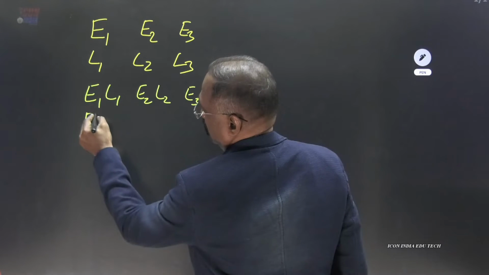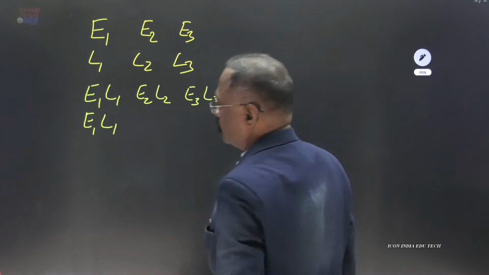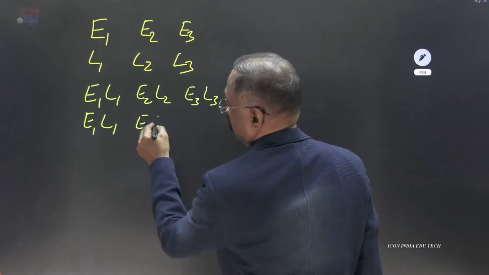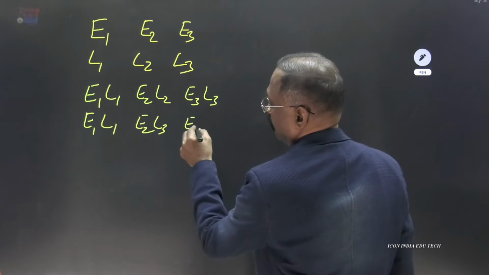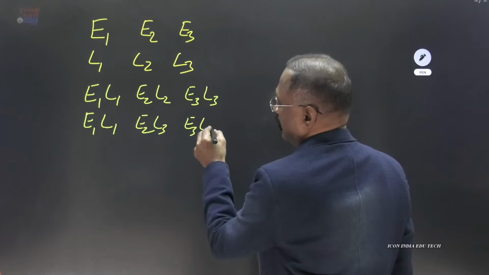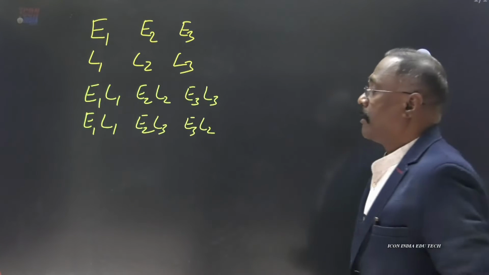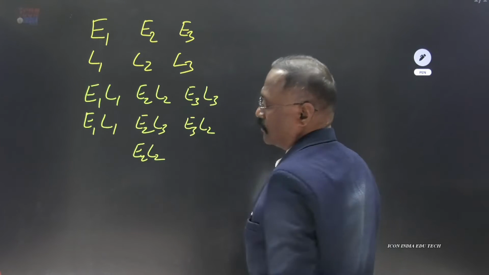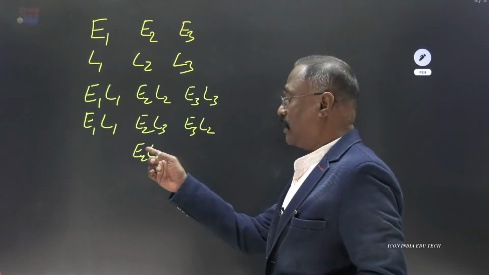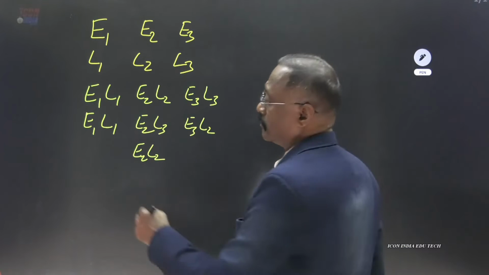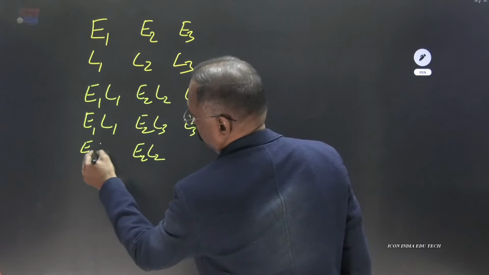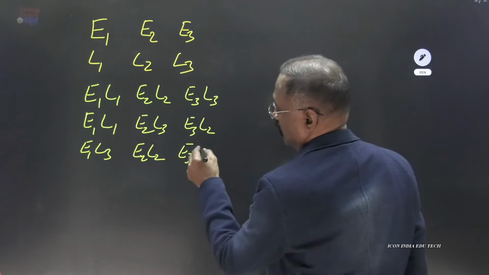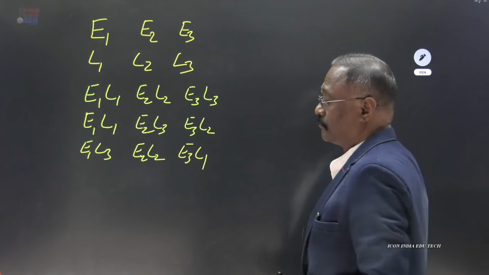Unlike this, E1 L1, next E2 L3, E3 L2. Similarly, E2 L2, where envelope 2 contains the right letter, envelope 1 is placed with letter 3, and envelope 3 with letter 1.